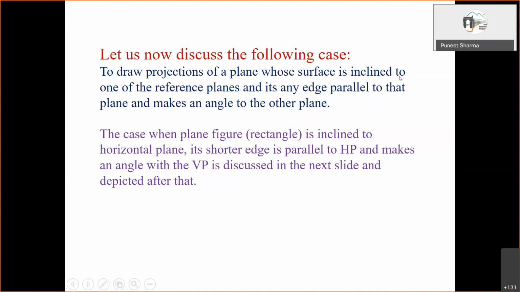Suppose we have to draw projections of a plane figure whose surface is inclined to... so this is the general statement, what I was discussing. This second one is giving you the case where the plane figure is inclined to the horizontal plane. One of the shorter edges is parallel to the HP, and that shorter edge is making an inclination with the VP.